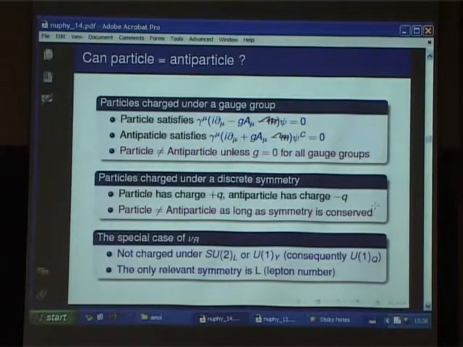Only lepton number is binary. I told you I'll come to what mass terms these are, and you will see that both mass terms end up violating it. So if lepton number is conserved, the second condition here means that the particle nu R cannot be equal to its antiparticle.